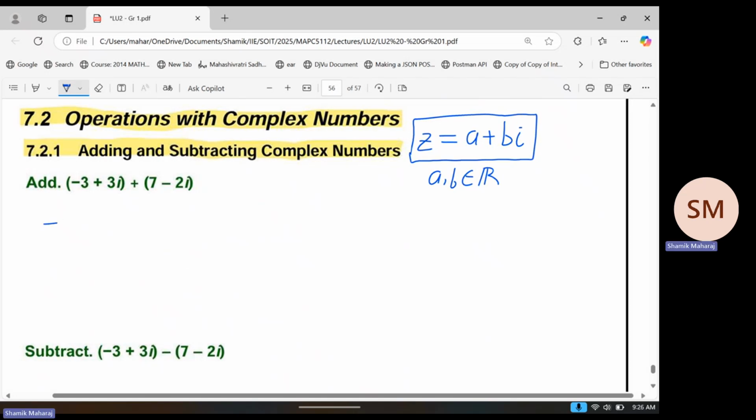So we write -3 plus 7 on one side, 3i minus 2i on the other side, which gives 4 plus 1i, or just 4 plus i. Again, you put the real parts together, you put the imaginary parts together, and you deal with them separately.